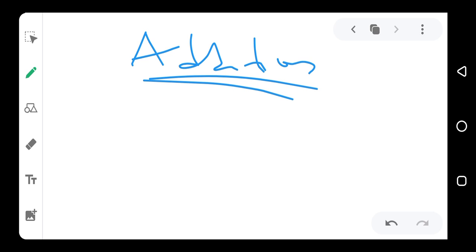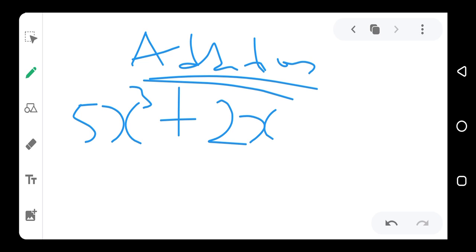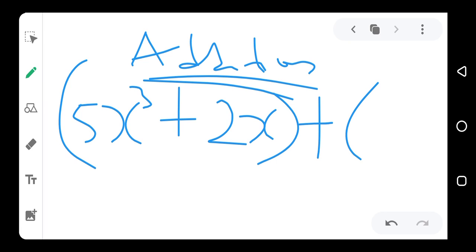For instance, if you have 5x raised to power 3 plus 2x, plus 3x raised to power 3 plus x. If you are asked to add this, what we do is we create a column, a table.